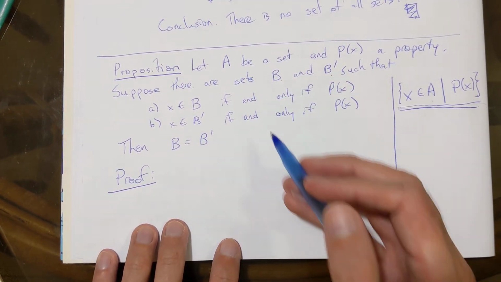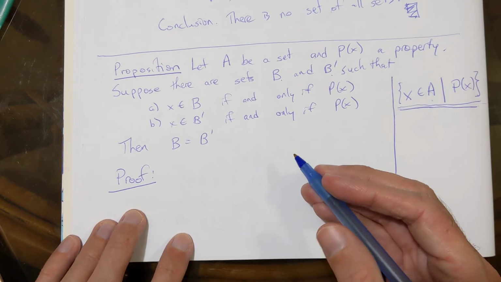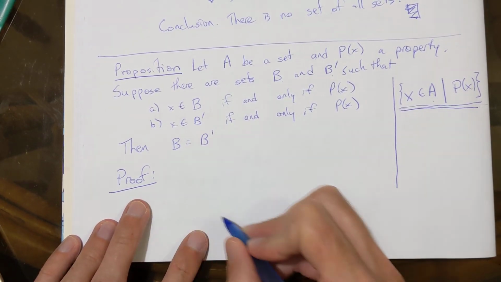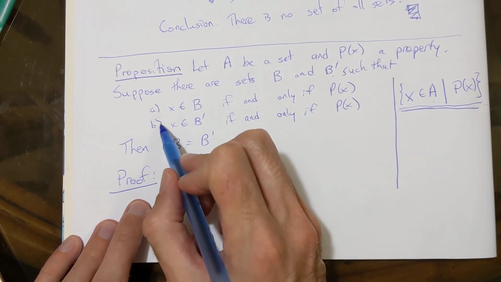So let's prove this proposition. Our assumption is that we have these sets B and B prime, and if we combine these two, they're both if and only if statements.